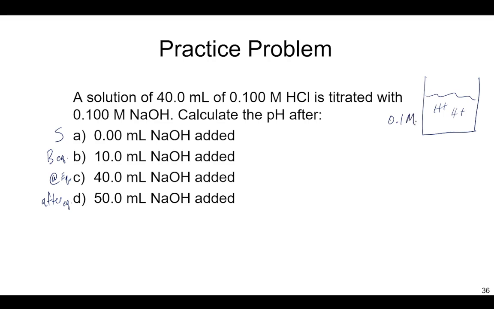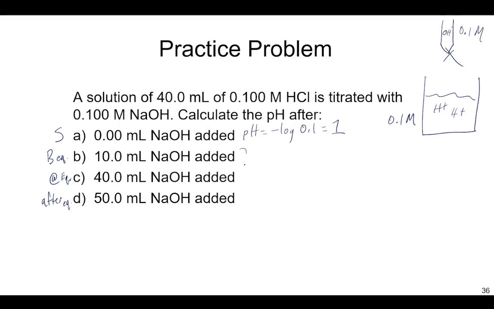It's 0.1 molar. And there's going to be some OH minus up here that is 0.1 molar that will be dropping into it. But part A is before we've dropped any in, so it's just 0.1 molar strong acid. The pH there is negative log molarity of that strong acid. That equals 1.